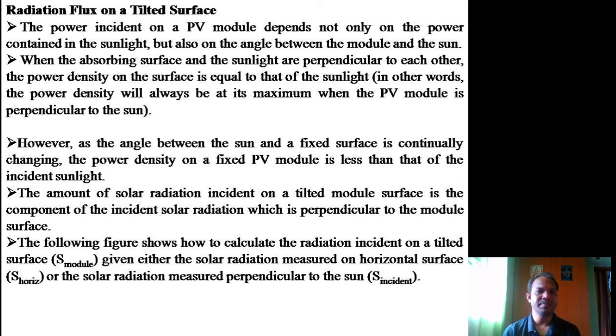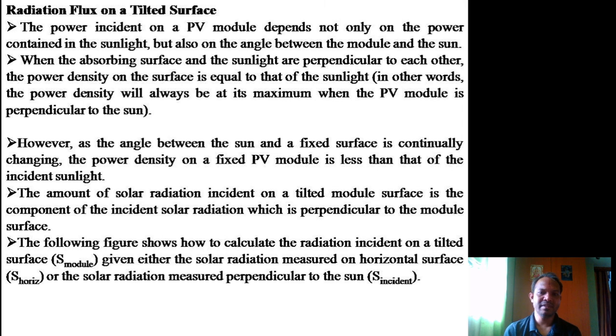In other words, the power density will always be at its maximum when the PV module is perpendicular to the sun. However, the angle between the sun and a fixed surface is continually changing, so the power density on a fixed PV module is less than that of the incident sunlight.